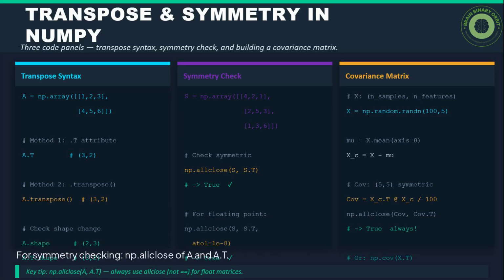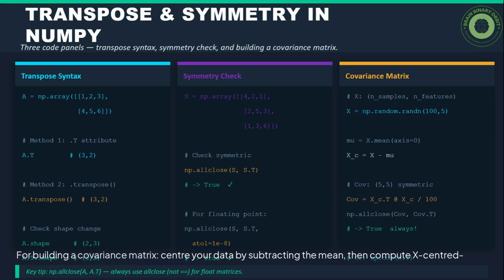For symmetry checking, np.allclose of A and A.T. Always use allclose for floating point matrices, never the double equals sign. For building a covariance matrix, center your data by subtracting the mean, then compute X-centered transpose @ X-centered divided by N. Always verify with np.allclose, any correct covariance computation should pass this check.